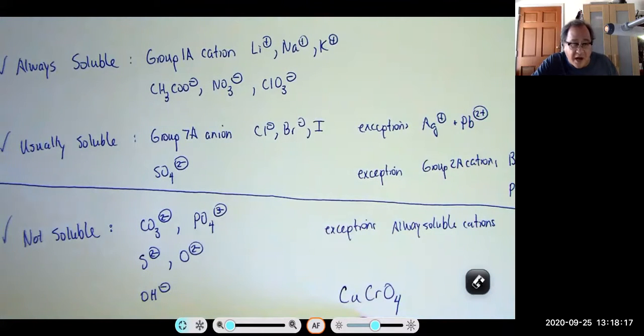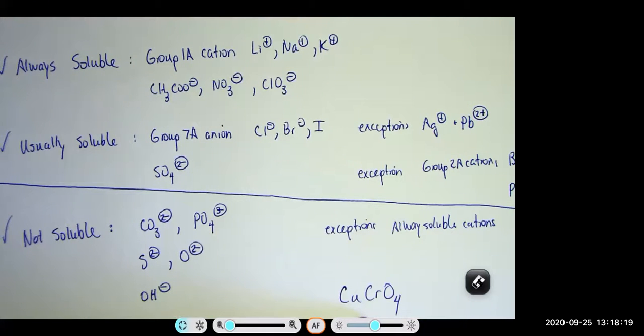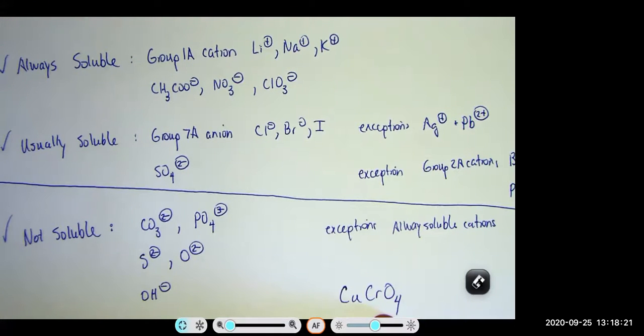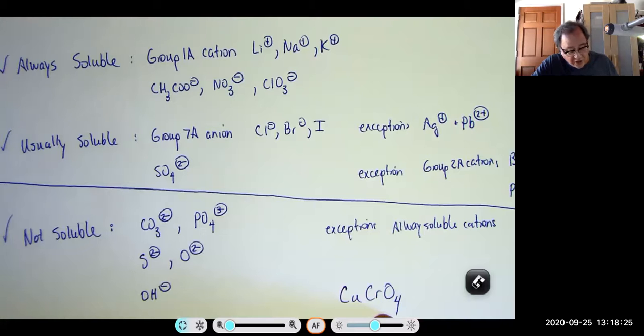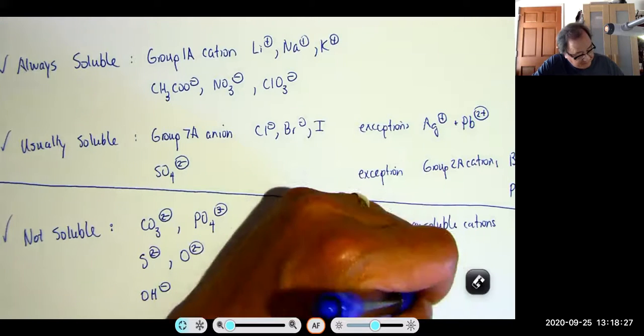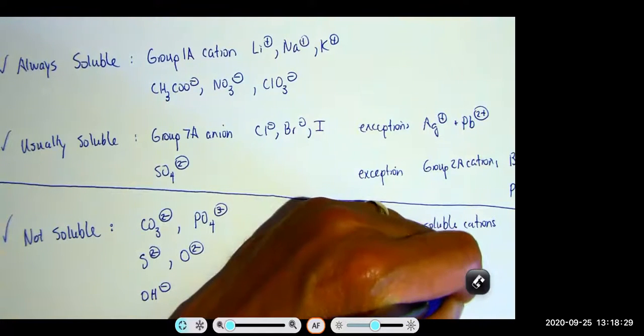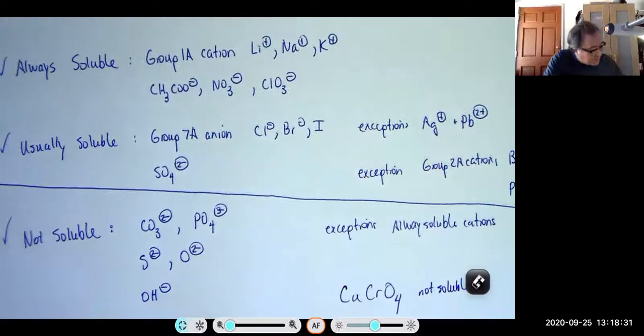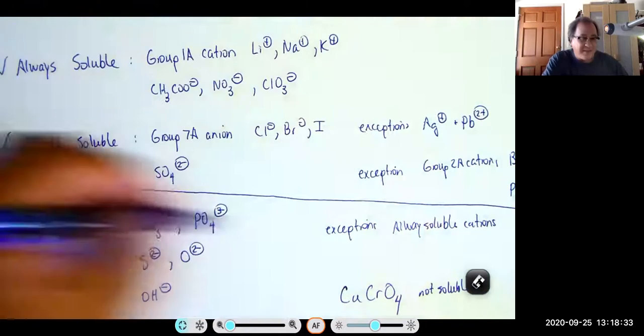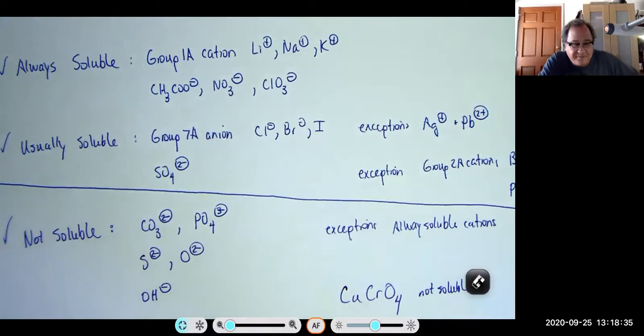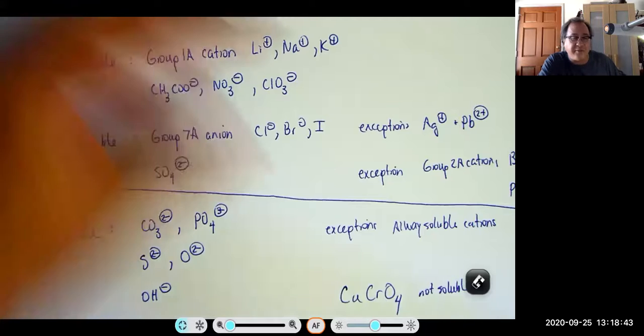Is there anything about copper? No. Anything about chromate? Nope. So here we're going to say not soluble. That makes it easy too. If you remember these two, then anything else is not soluble.